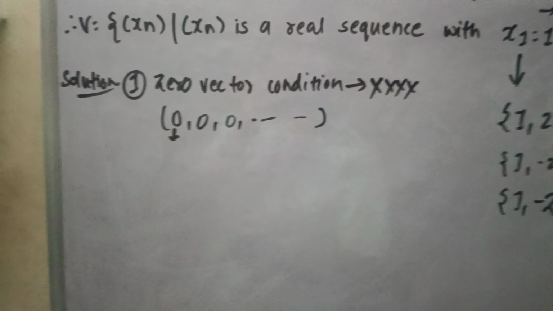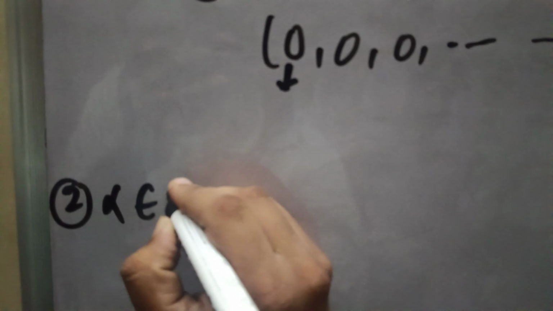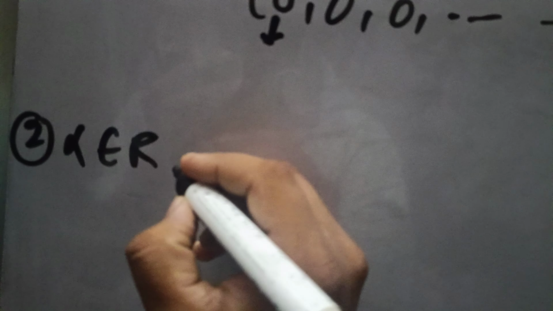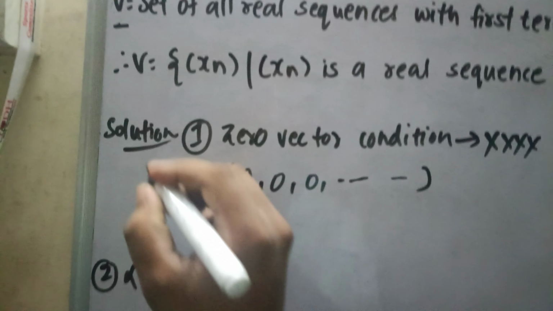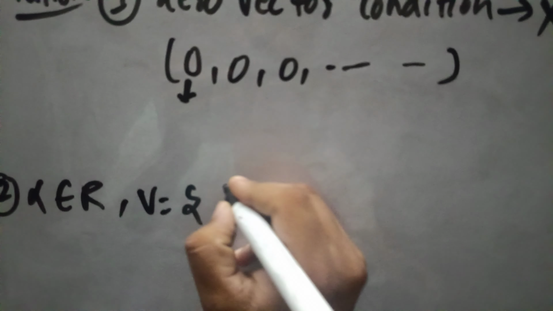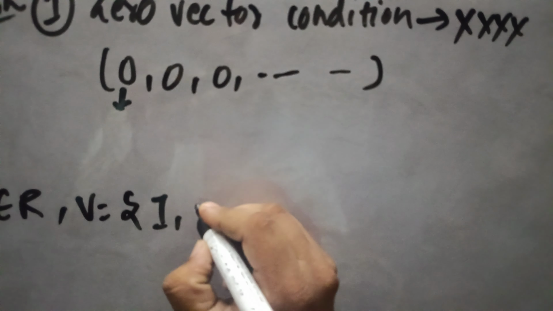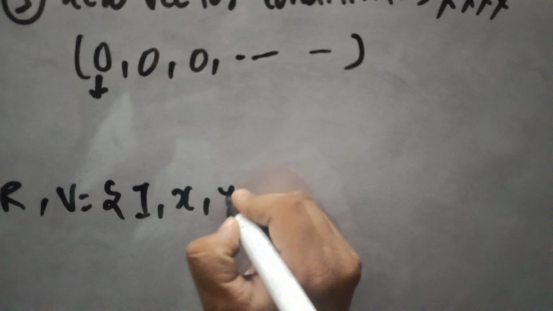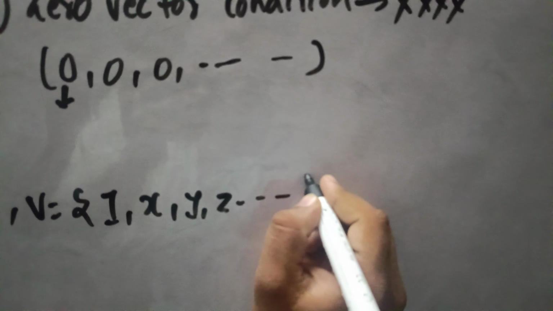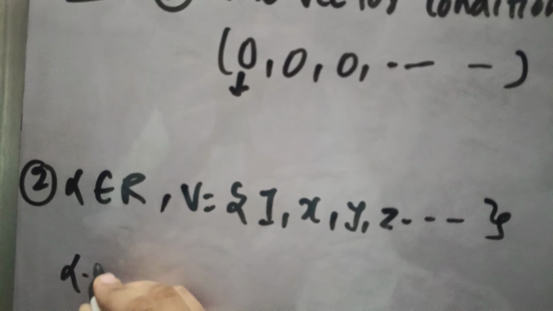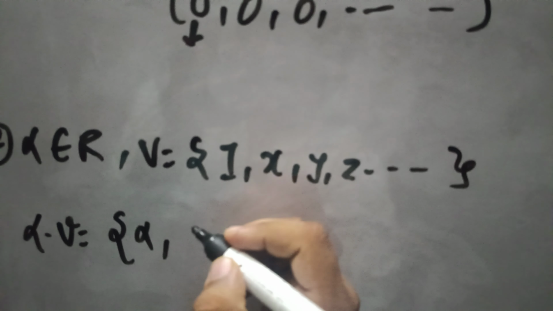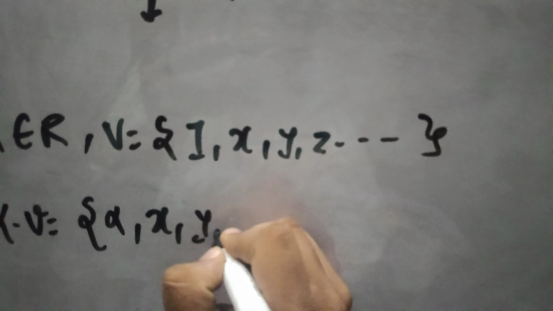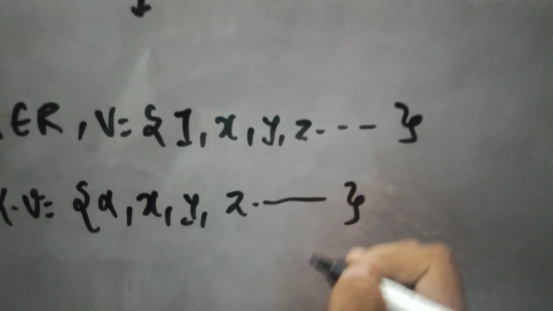Now let's check the scalar multiplication. Let's take an alpha which belongs to the real numbers, and let's take a sequence of this set as 1, x, y, z and so on. Let us multiply alpha with v. We will get alpha, alpha x, alpha y, alpha z and so on.